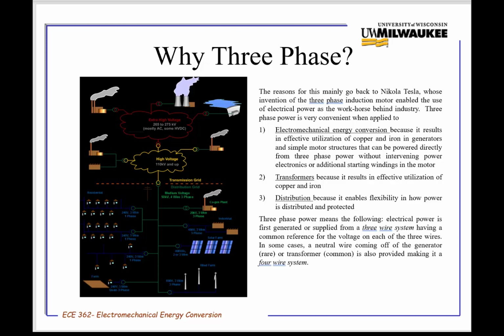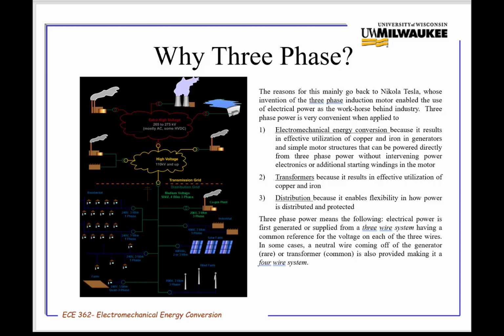It'll be the smallest and the lightest possible implementation. And now what about distribution of power? Three-phase is extremely useful there because it enables a great flexibility in how you will be distributing this power and how you will protect against events such as short circuit faults and damage.